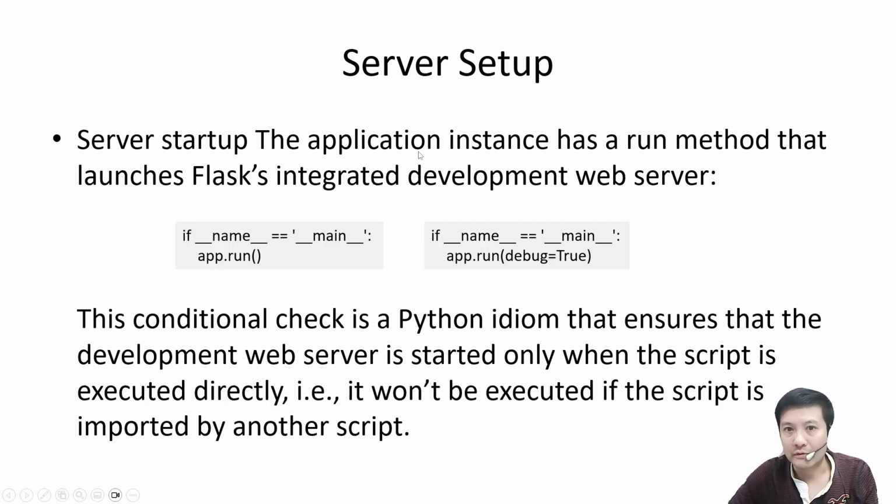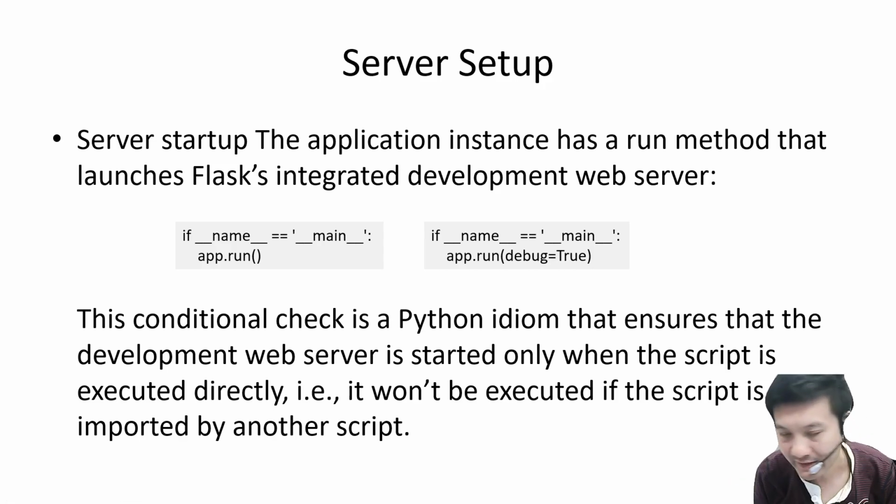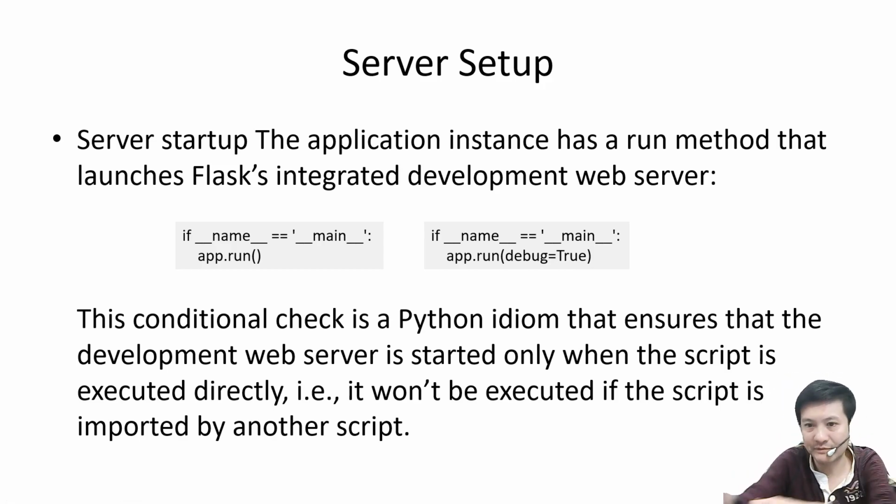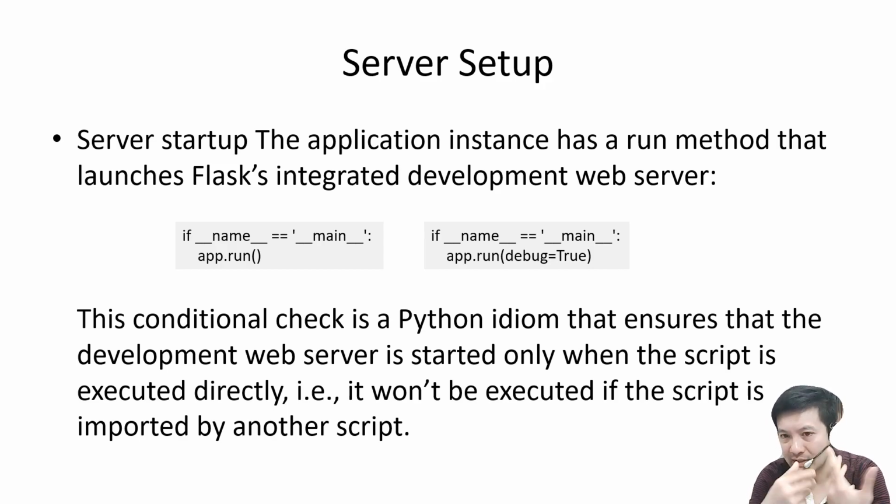To start up your Flask application, you can just start like here, but for development, when you are writing and developing your program, you want more information. You will enable the debug mode. If you want to enable debug mode, you set debug true. You will get much more information for understanding the web development.